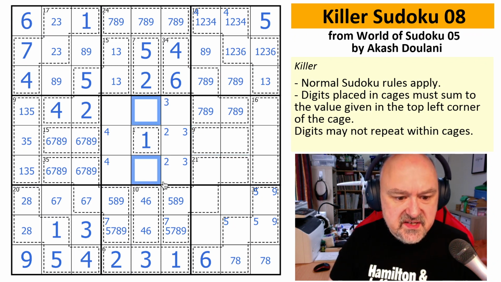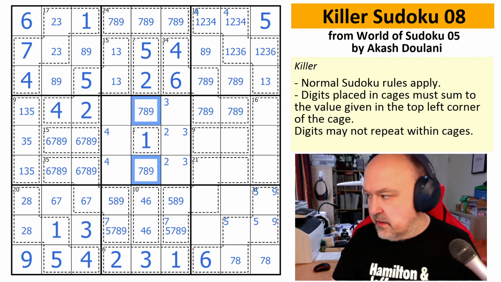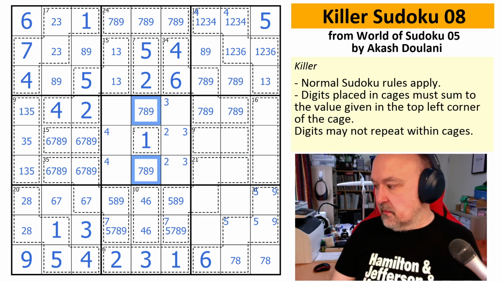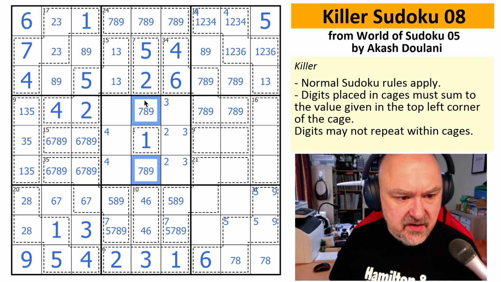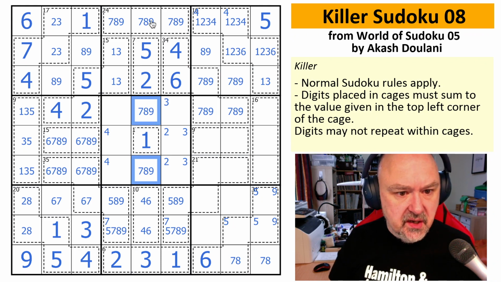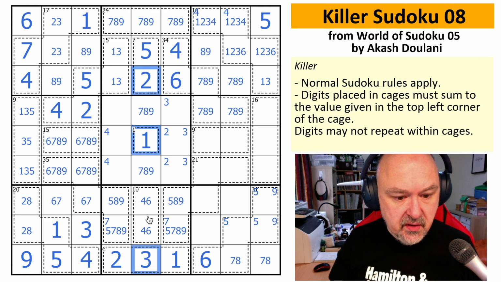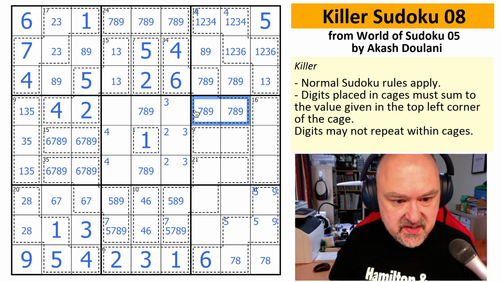Okay, we've got another 7, 8, 9, and I need to sneeze quite badly, so I'm pausing again. Sorry about that, everyone. So we do have another 7, 8, 9 in this column because we already had 1, 2, 3, 4, 5, 6. So these had to be 7, 8, 9, which gives me a 7, 8, 9 in this row.